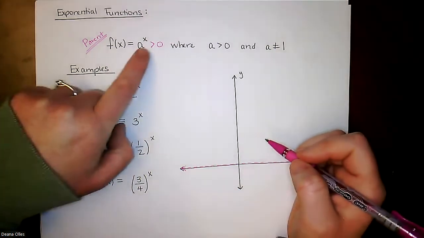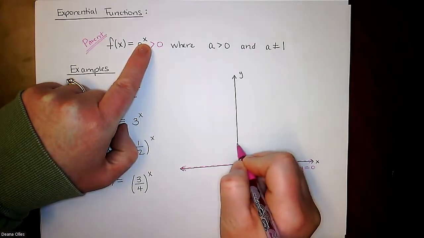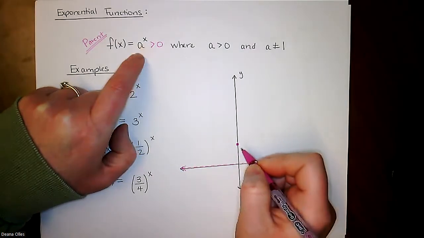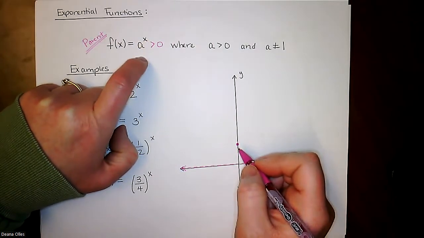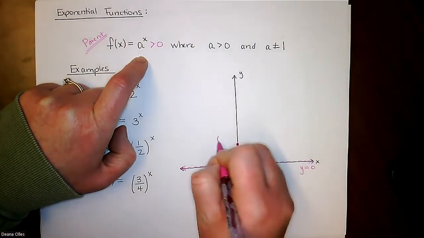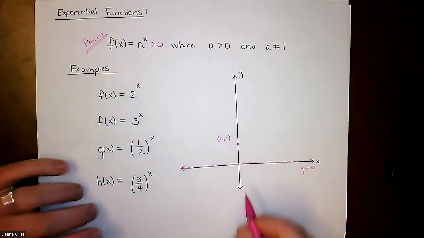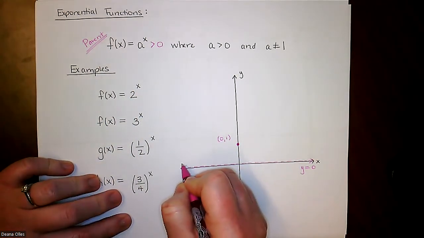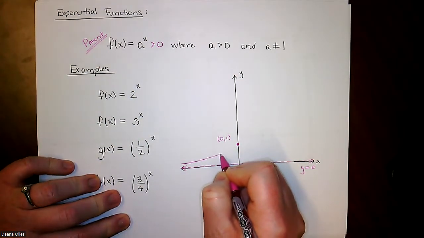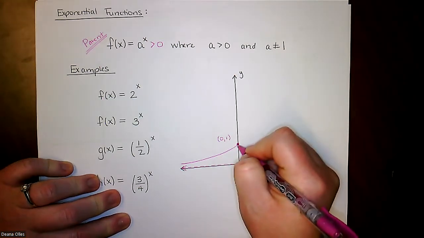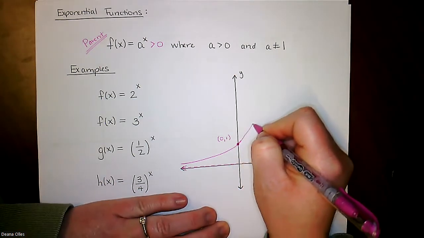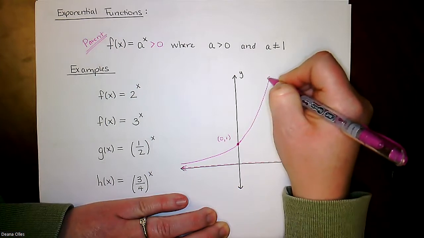All right, but at x equals 0, anything to the 0th power, if you remember, is 1. So we know that we have a coordinate point on this graph, 0, 1. All right, and we know that exponential functions are increasing functions. So this is the general behavior of an exponential function.